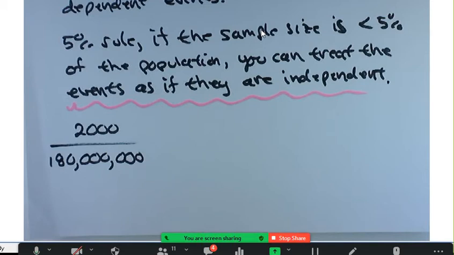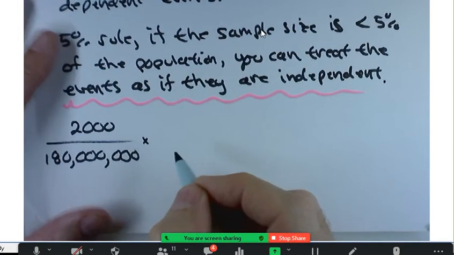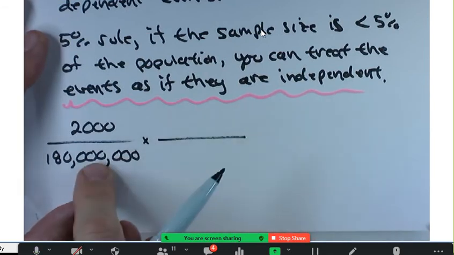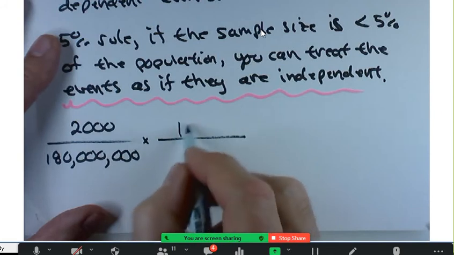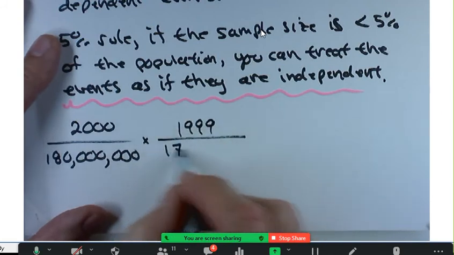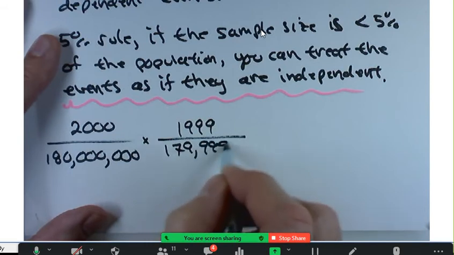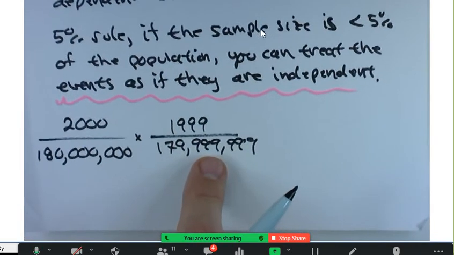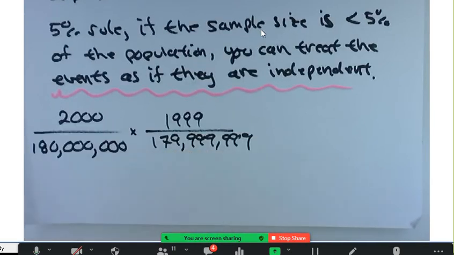Let's say you pick one of those people out. You look at another person in this pool of registered voters. Now you're talking about 1,199 out of 179,999,999. The probability has changed, but has it changed by that much?